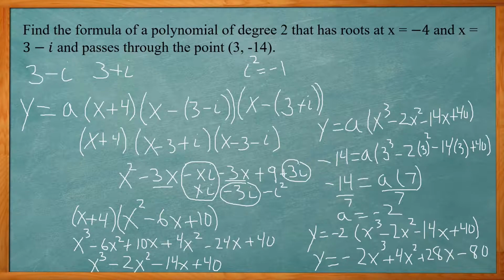Alright, so remember when you're solving this type of problem, you have complex roots, you always need its conjugate. So 3 minus i, the conjugate is 3 plus i. So this is how you figure out the equation of the polynomial with complex roots.